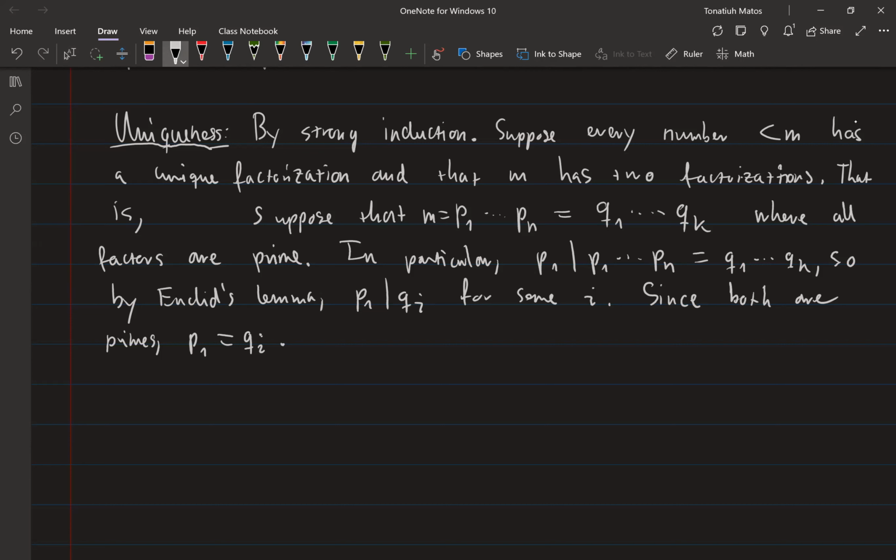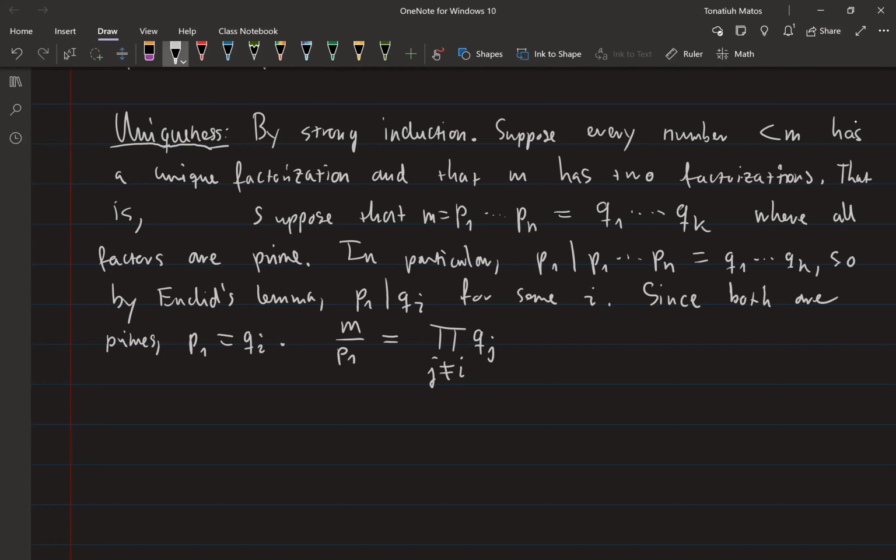So what we can do is just divide one by the other, right? So m divided by p1, again, this is not a fraction. This is not a rational number. This is whatever you get from multiplying p2, p3, all the way up to pn, right? So this number must be the same as the product of the qj's, j different from i, sorry, that's a terrible choice for indexing.